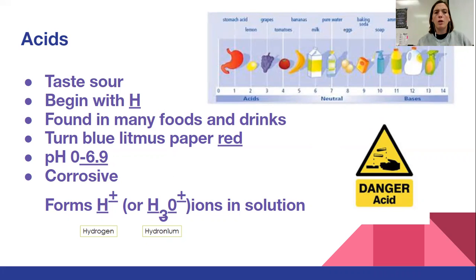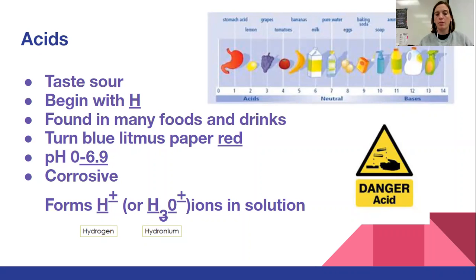When you put an acid into water, it forms hydrogen ions or hydronium ions in the solution. The more hydrogen or the more hydroniums present, the stronger the acid is. Again, it's the free floating hydrogen ions, the free floating hydronium ions, that make an acid able to affect you more.